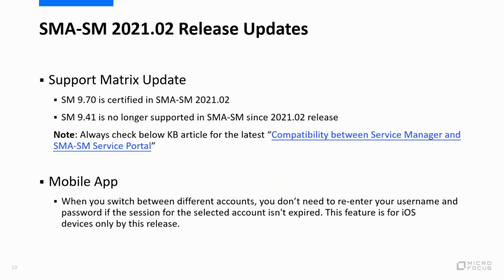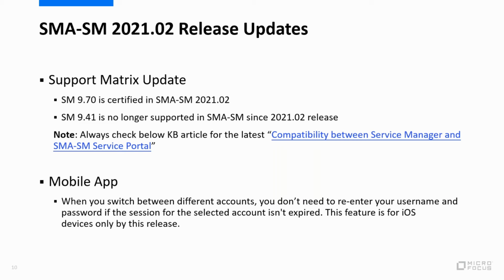Another improvement is related to the mobile apps. From the February release, if the session for the selected account isn't expired, you can switch between different accounts and you don't need to re-enter your username and password. That applies to the end user mobile apps in the SMA-SM.